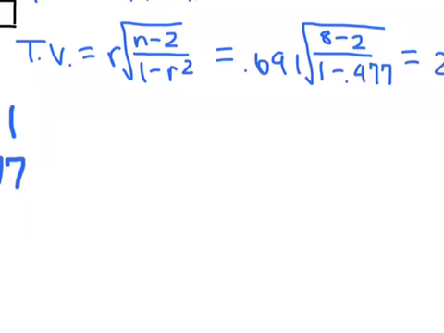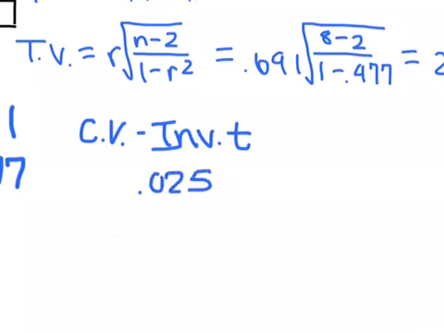And then you need to find your critical value. For these problems, we're going to do inverse T, and you enter 0.025. We're doing that because it's a two-tailed test, so your 0.05 becomes 0.025, and the degrees of freedom are again 8 minus 2, which equals 6.